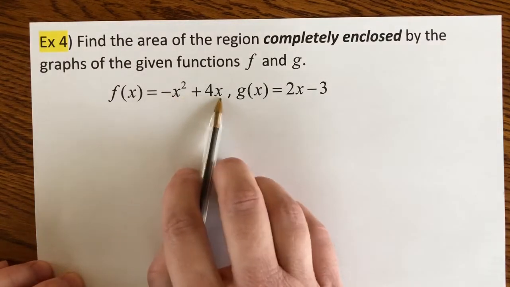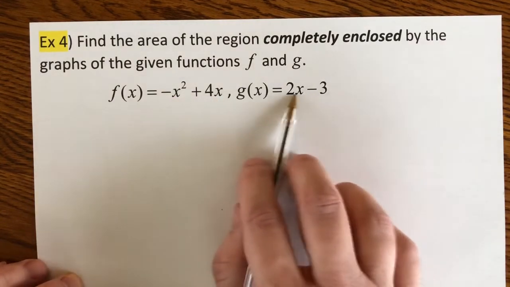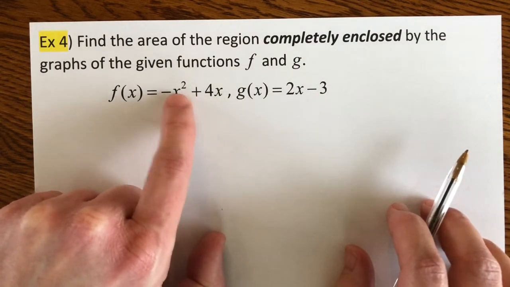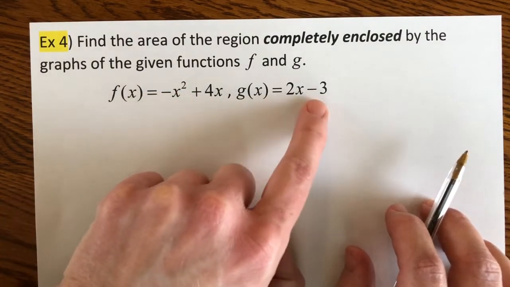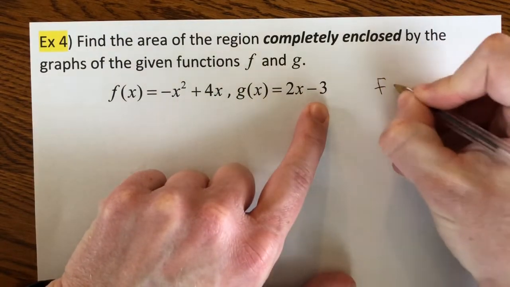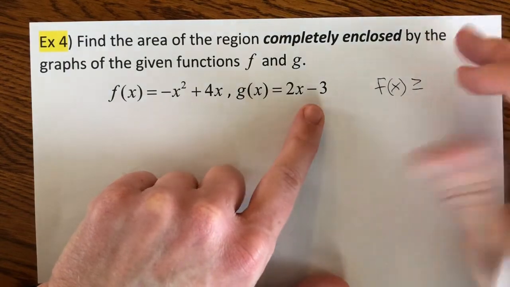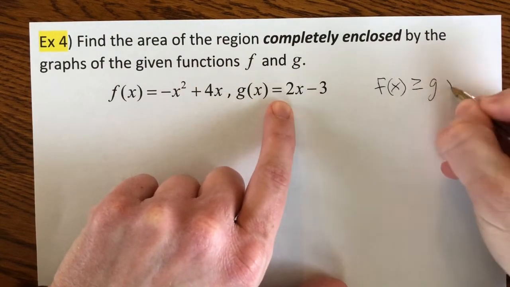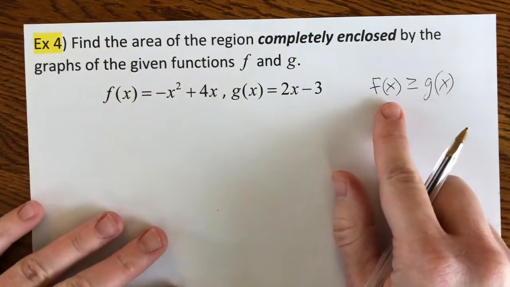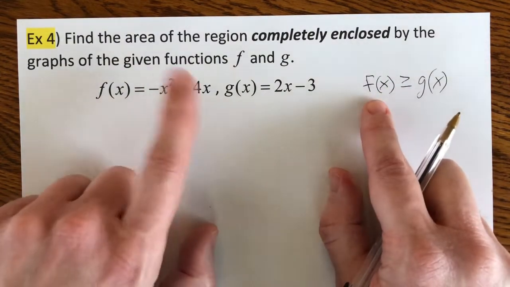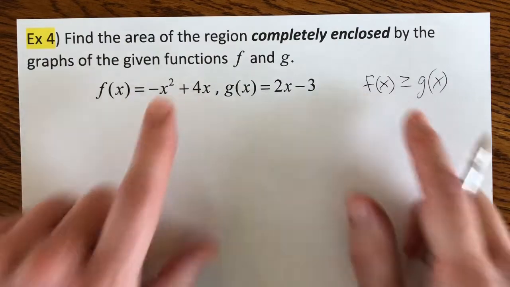If you were to put this in your calculator and this in your calculator, you would see that the graph of this one is above the graph of this one. So that means that the graph of f of x is greater than or equal to the graph of g of x. So in other words, when we finally are able to set up our definite integral, we're going to put this function first in that integral.